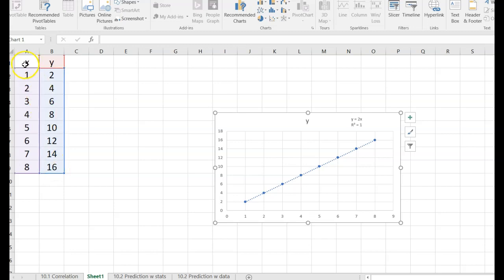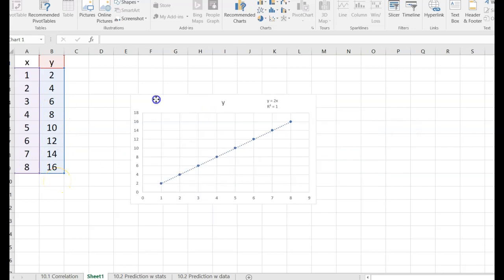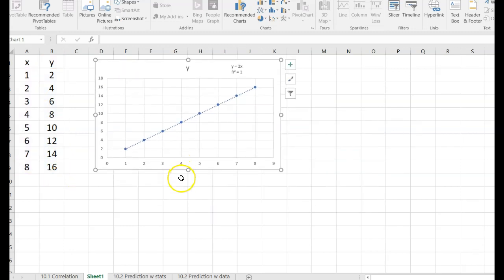And not only can we see that y is getting bigger, we can also easily, with this line, come up with exactly what y is going to be. So when r squared is 1, that means it's a perfect correlation. The correlation between x and y is absolutely perfect.